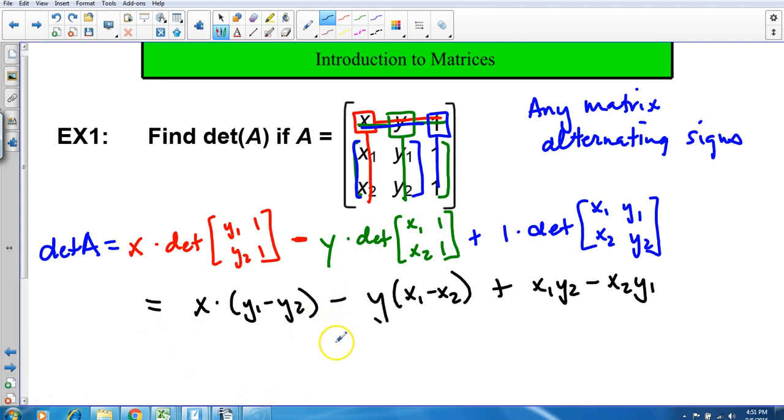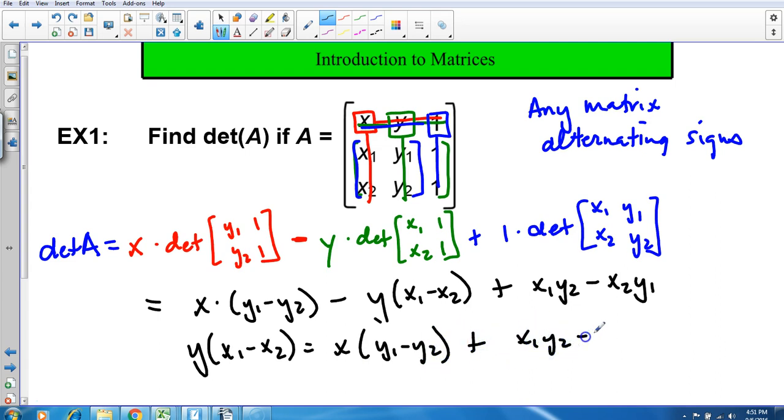Basically, hopefully at this point you start to see some of the pieces fall together and they look a little bit familiar. What we're looking at really is, if we move our Y over here, we've got Y times X1 minus X2 equals X times Y1 minus Y2 plus all this stuff over here.